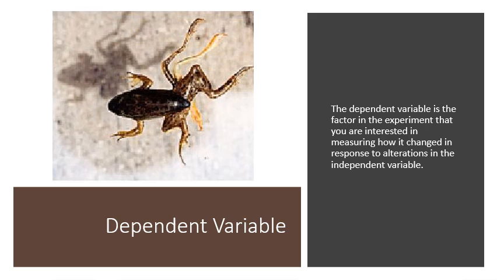So the presence of a parasite and the non-presence of a parasite. Two conditions. That's independent. That's what we're interested in finding out. The dependent variable is how many legs the frog grows when they're in that solution. This is the responding variable. It changes based on the independent variable. So the easiest way to remember it is the dependent variable depends upon the independent variable.